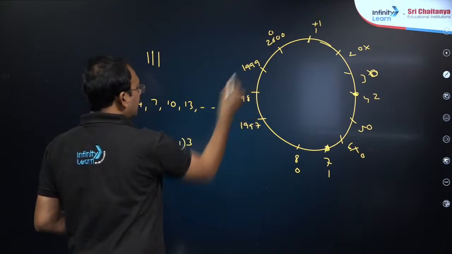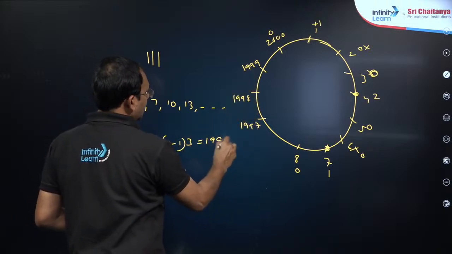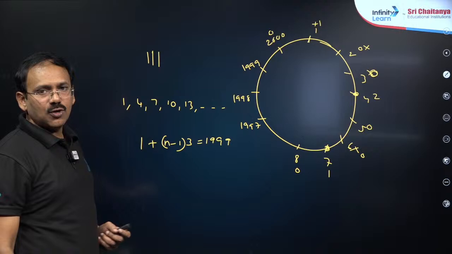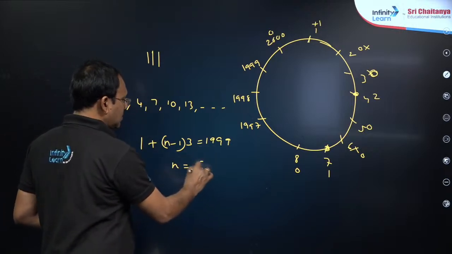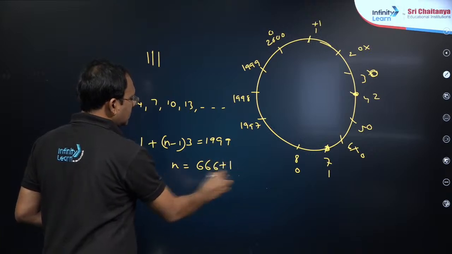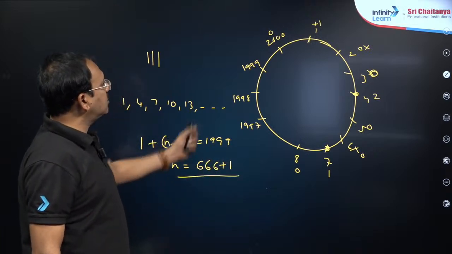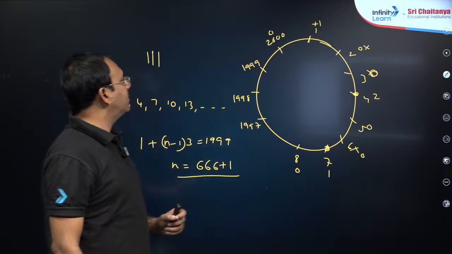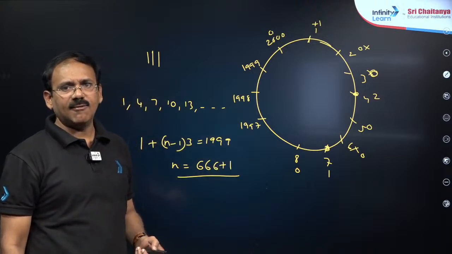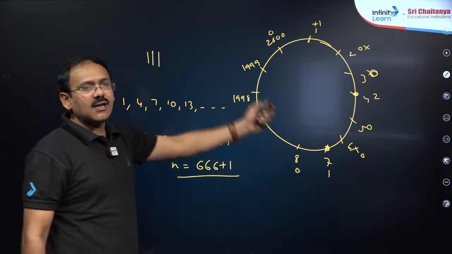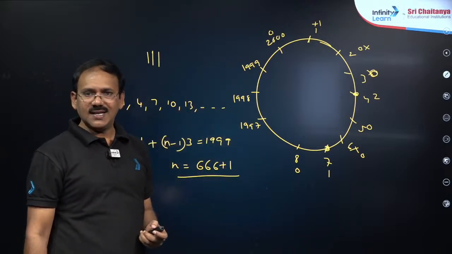So of these, 1999 is going to be 3n plus 1. So n is going to be 666 plus 1, 667. After approaching this case, there is one more possibility, maybe accordingly the answer will be 667 or 668 kind of. Okay. So this is the pattern you can use to minimize the score, right dear students.